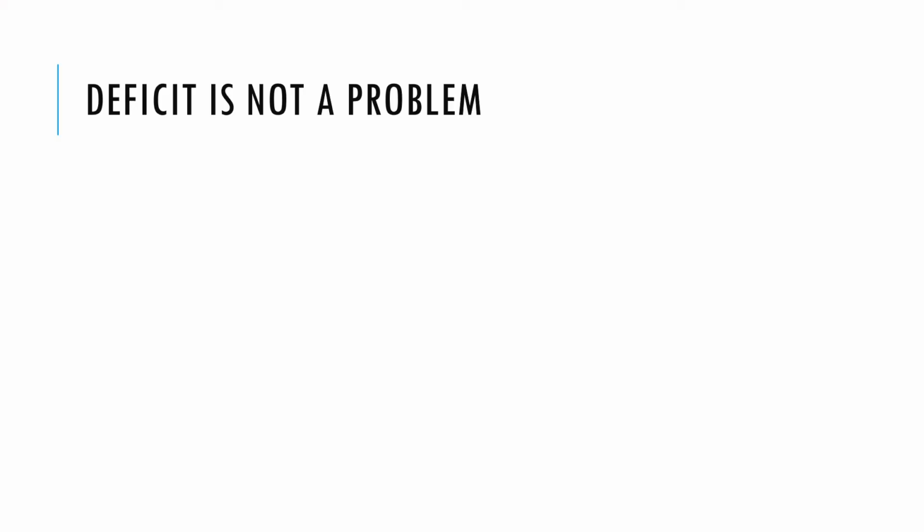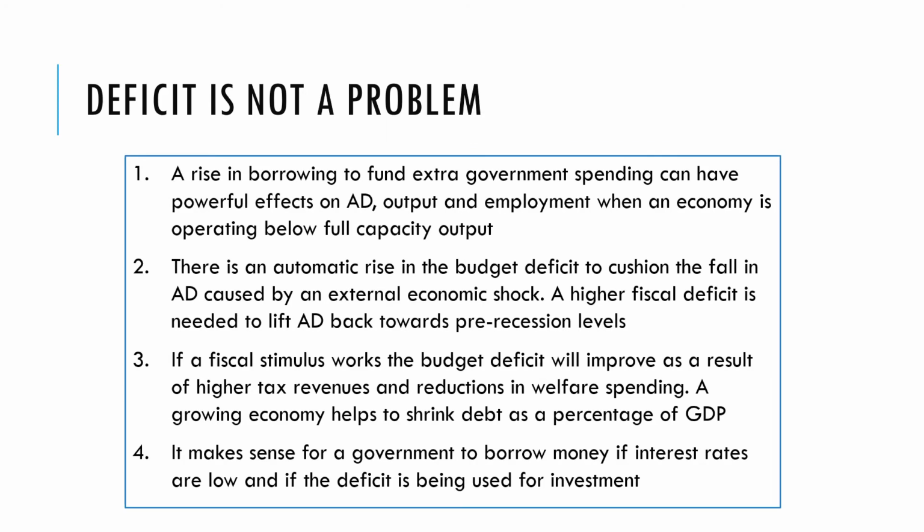Now, there are some arguments that actually a budget deficit and high national debt is not a problem. A rise in borrowing to fund extra government spending can have a big positive effect on aggregate demand and therefore GDP and employment, particularly when an economy is operating below full capacity. So this would be an argument why you should have a deficit.